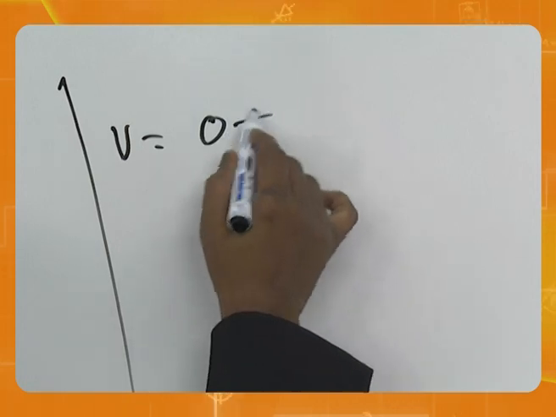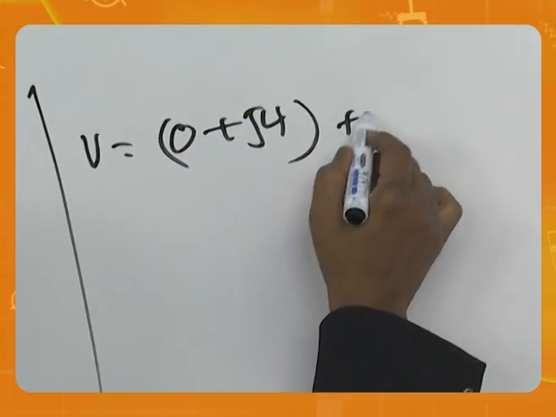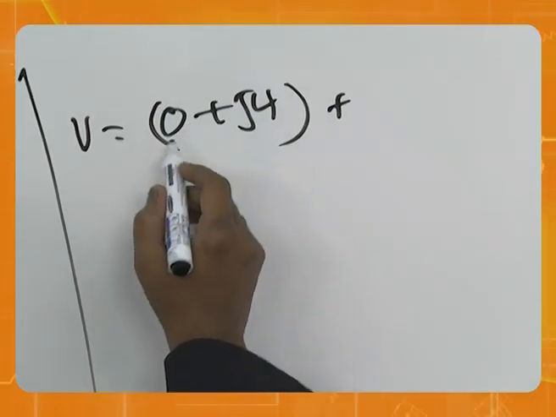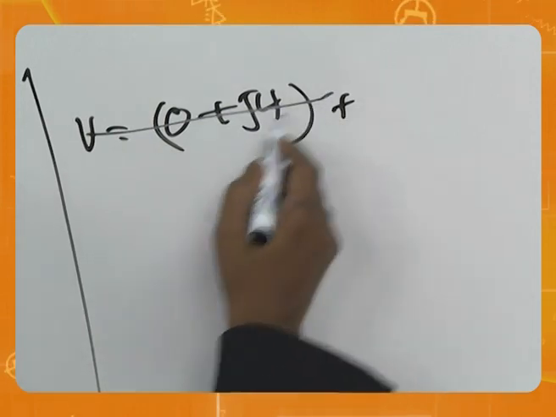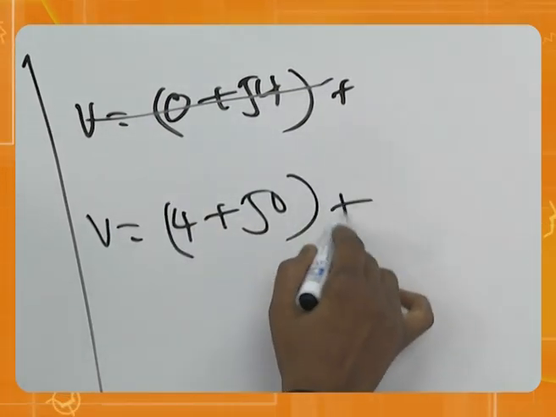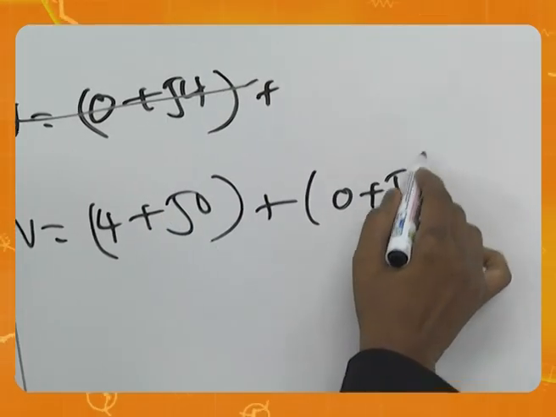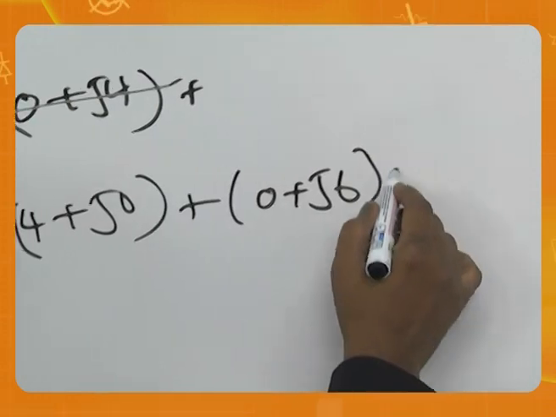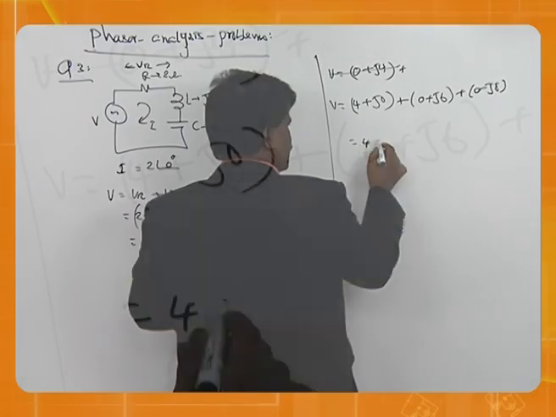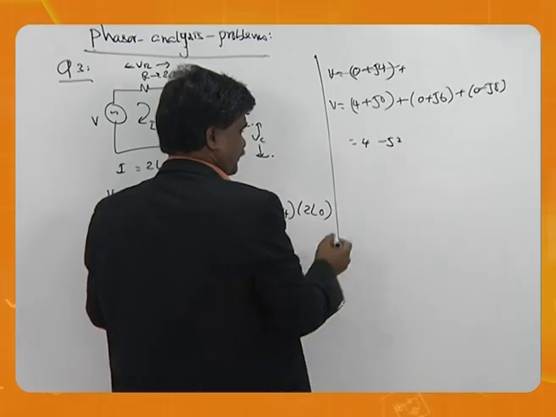This is 4 plus j0, plus 0 plus j6, plus 0 minus j8. 4 minus j2 is the answer.